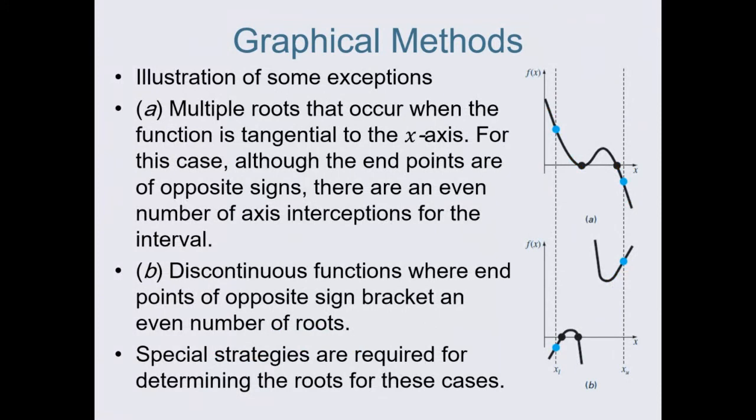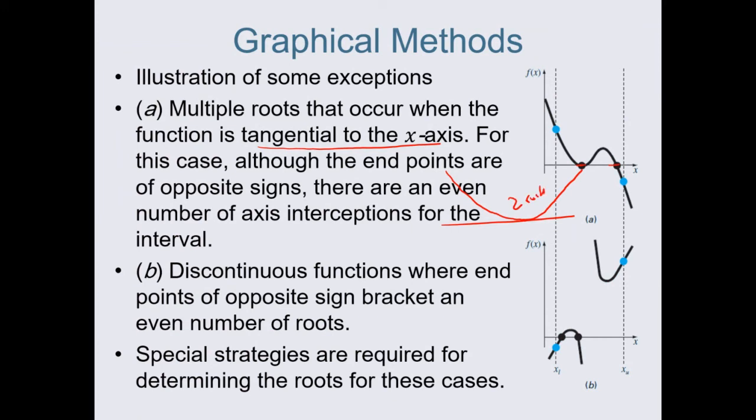Sometimes also you can find that you will have multiple roots where the function becomes tangential to the x-axis, where it just touches the axis and goes back. So it does touch the axis. So what we have is two roots at this value.